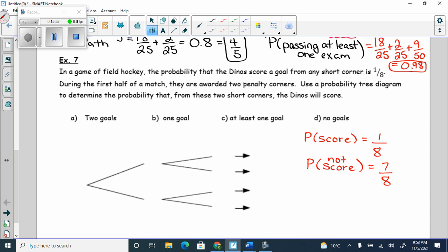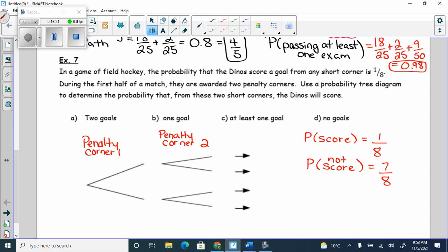So this would be penalty corner 1. This would be penalty corner 2. And what could they do when they come out of the penalty corner? They can score or they can not score, correct?